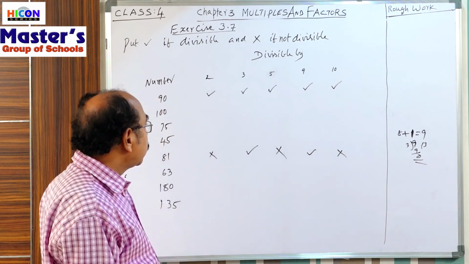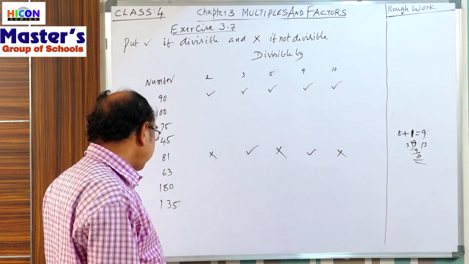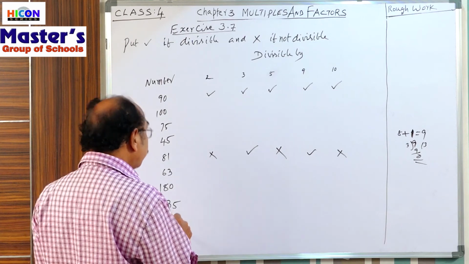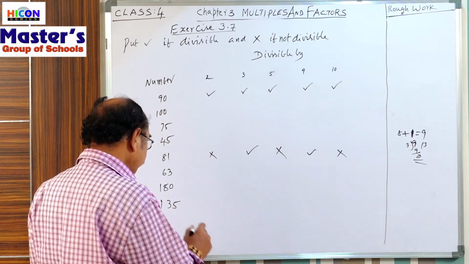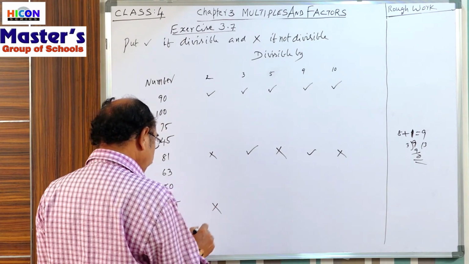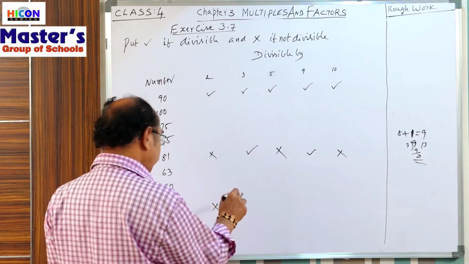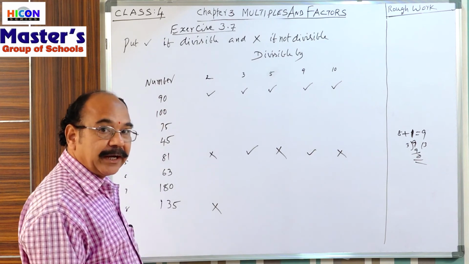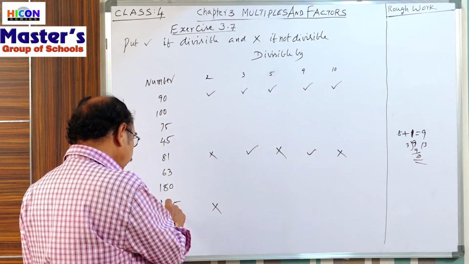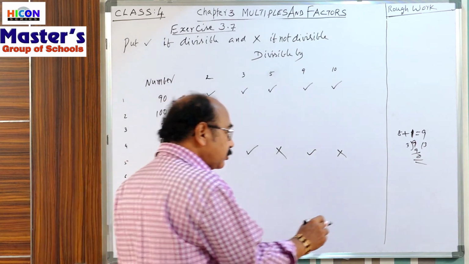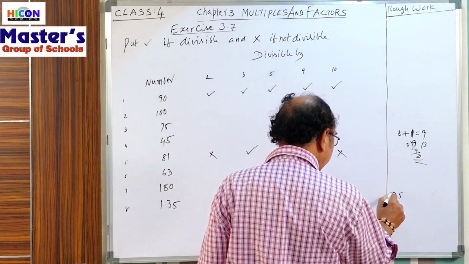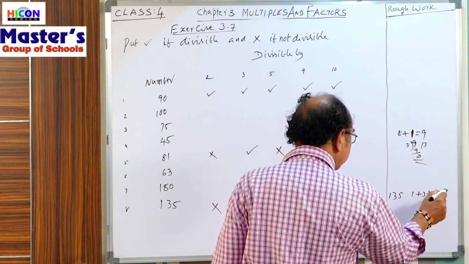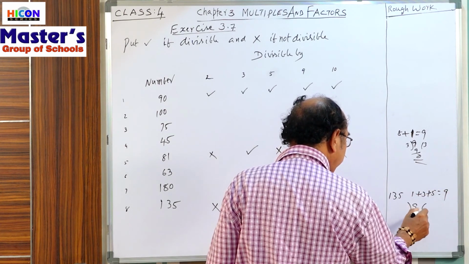Like that, children. Next, now you come here. Suppose here 135. Is 135 divisible by 2? No. That's why a cross. Is 135 divisible by 3? What is the condition? According to the condition, we add the sum of the digits. 1 plus 3 plus 5, 9. 9 is divisible by 3.